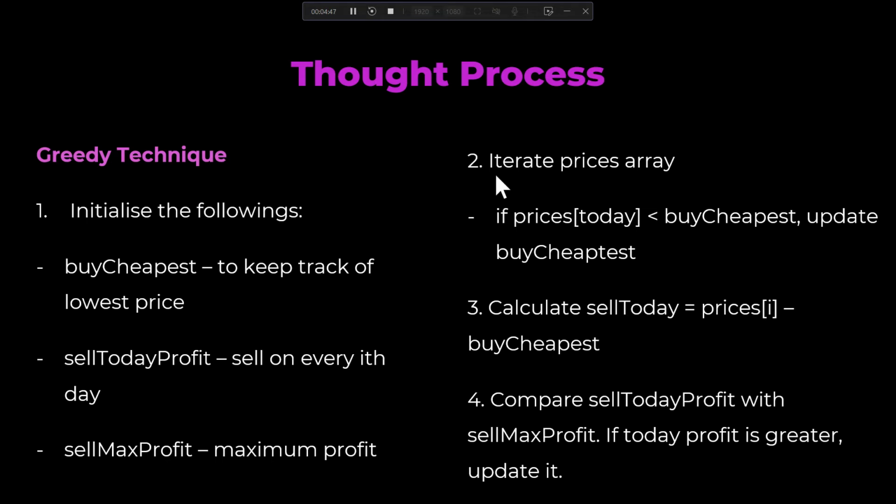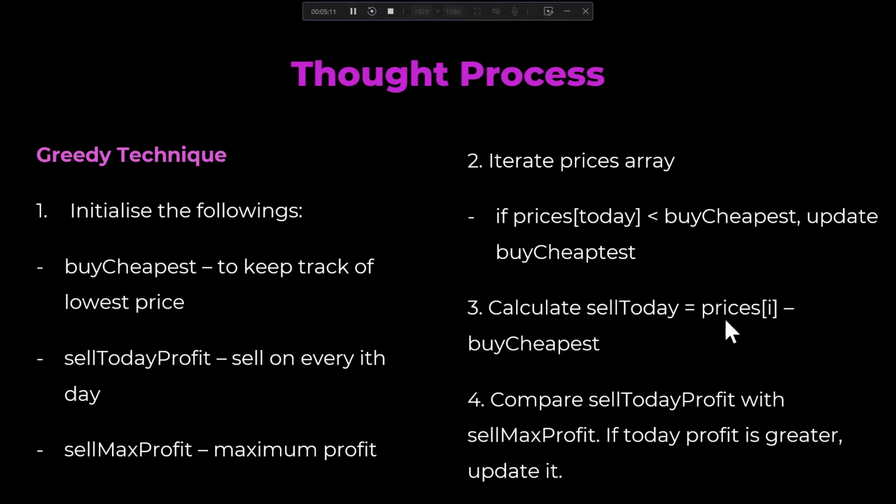Step 2, we will iterate through the prices array and check: if today's price is less than buyCheapest, that means buyCheapest is not the lowest price, so we will update it. Step 3, we are going to calculate our current profit.